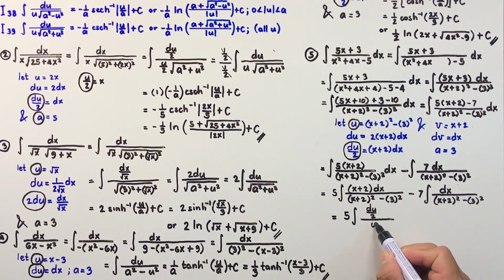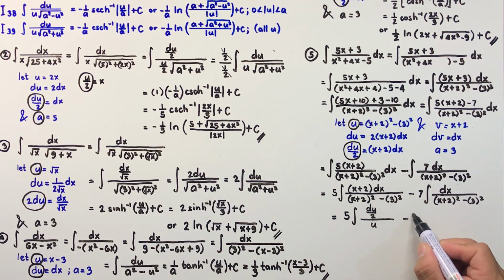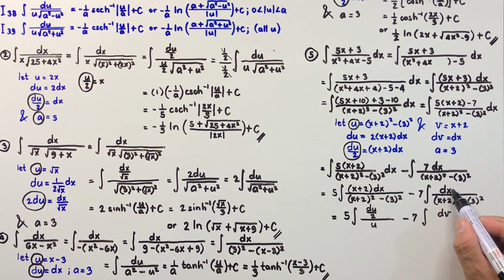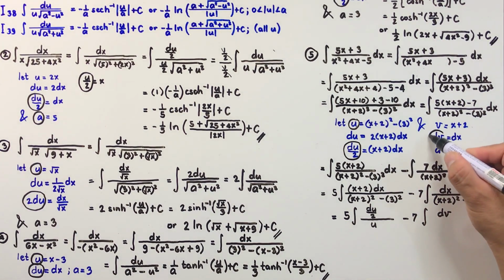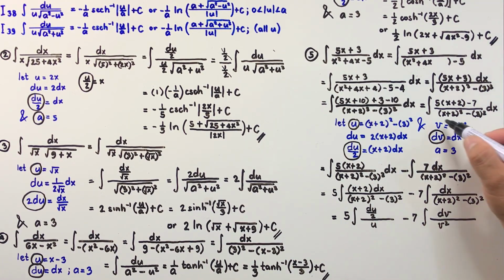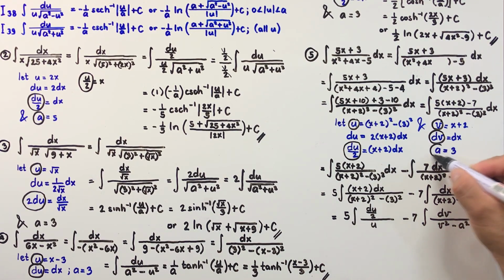So this is u, minus 7 times the integral of dv, because our dx here is our dv here, over this v squared, because x plus 2 here is our v. And this will be subtracted by a squared, because 3 is a.